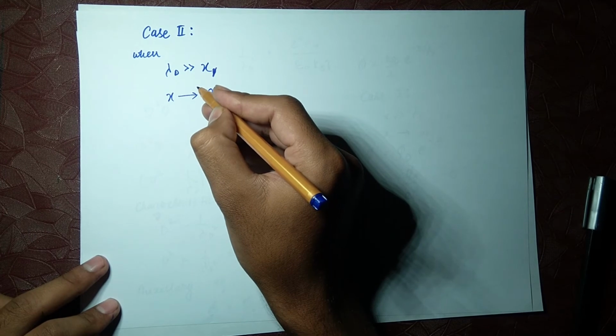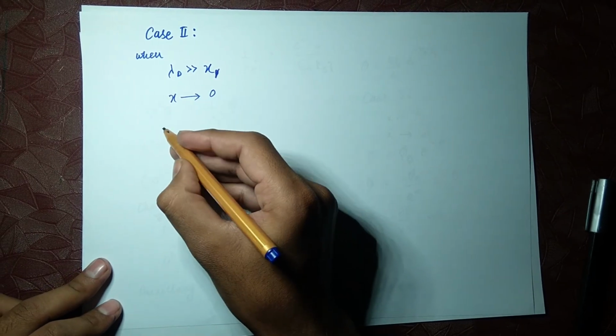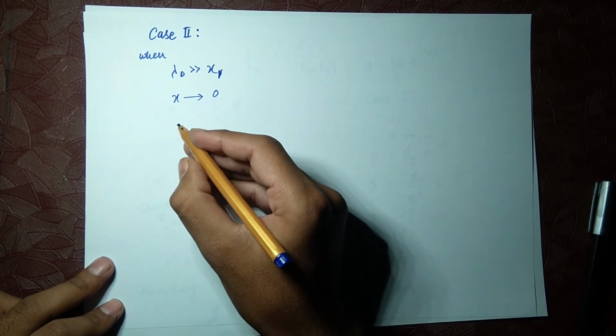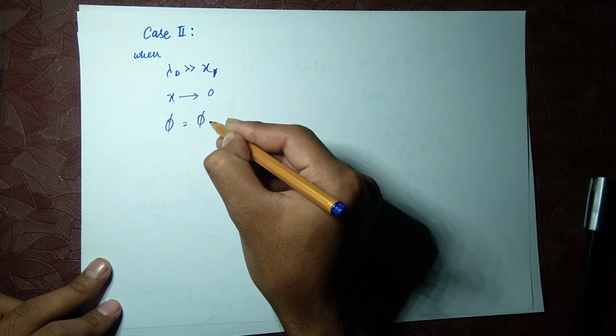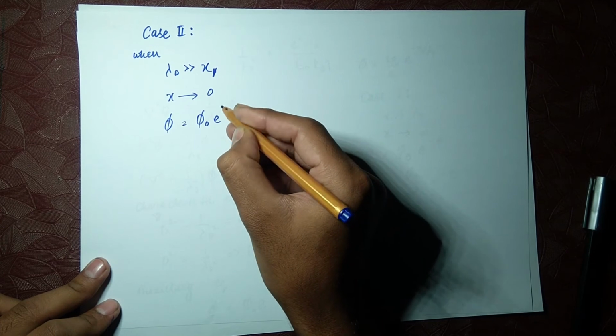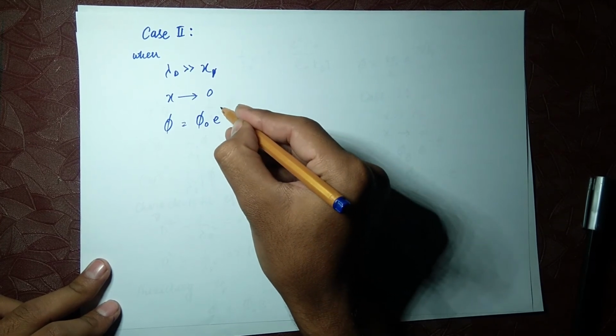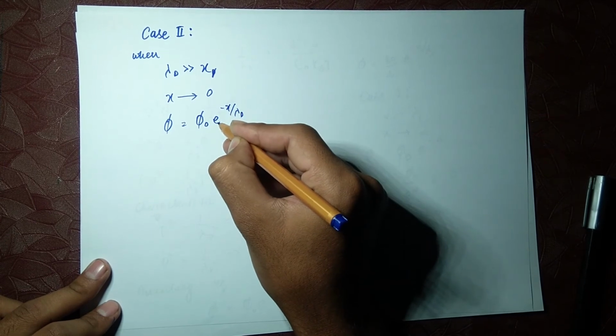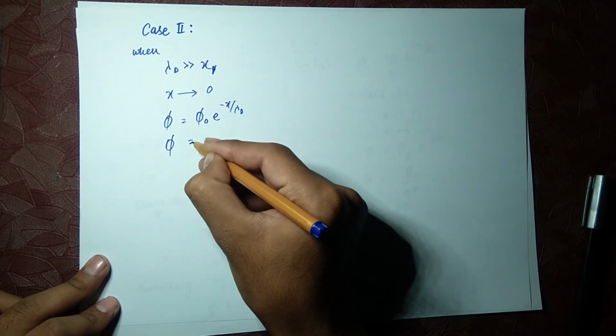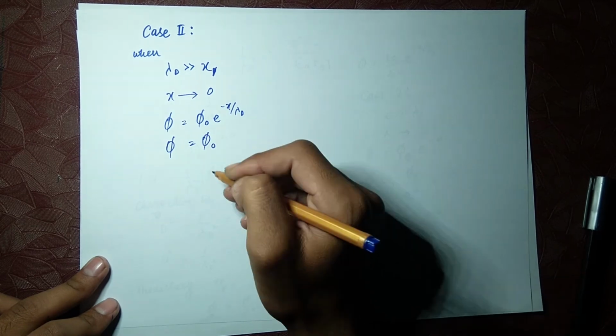When it approaches 0, we know that phi is equal to phi naught e power minus x over lambda d. When this term approaches 0, then phi will be equal to phi naught.